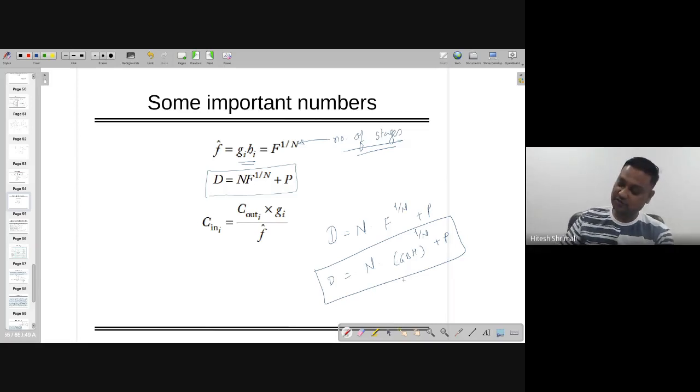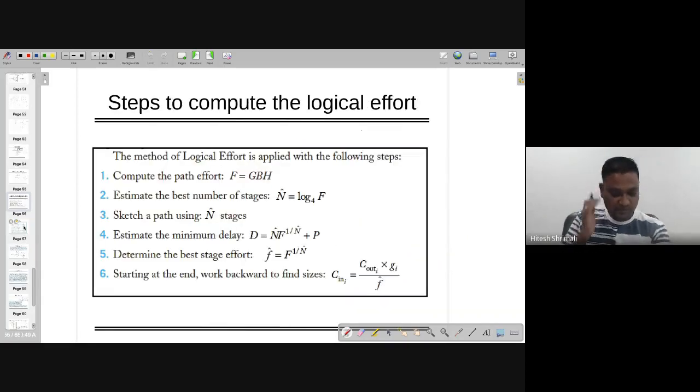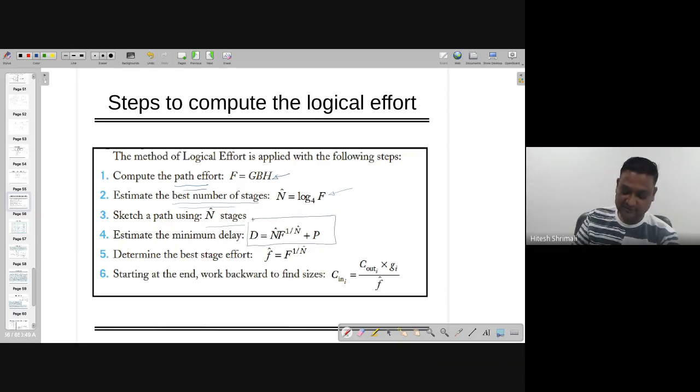So the method of logical effort is applied with the following steps. You first need to find out the path effort with F equal to GBH. You need to find out the best number of stages, n cap, and the delay is going to be like this.